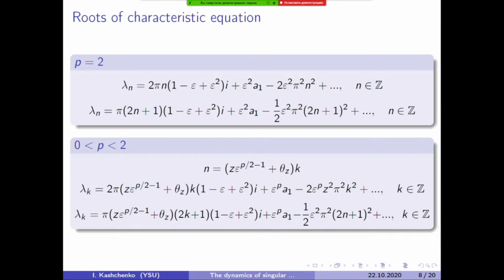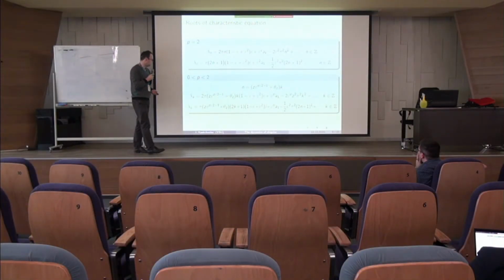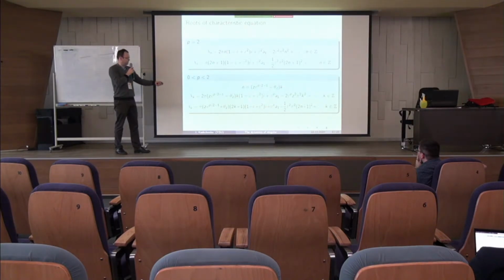It is multiplied by epsilon to a negative power, and theta z is a value from 0 to 1 such that the sum in the brackets is an integer value. We may write it in terms of the fractional part of a number, for example. And for these numbers n, we have asymptotic formulas for roots that are located very close to the imaginary axis.